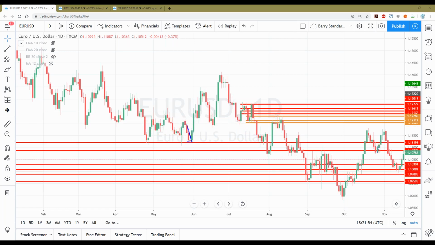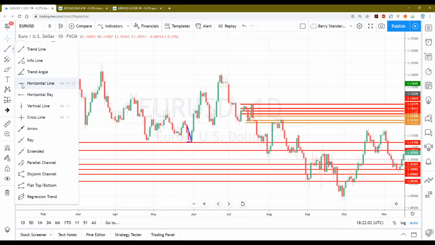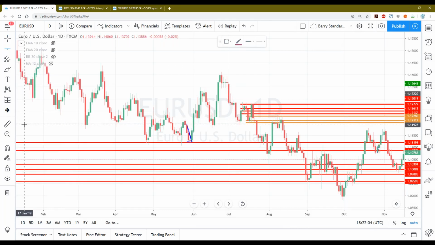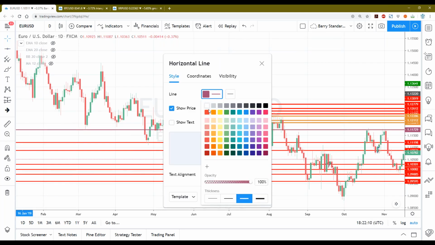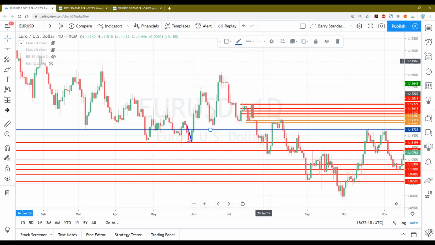So we can go on our chart and put on here a horizontal line right there. Let's make these so we can see them easier and differentiate them. We're going to make them blue, the ones we put on here right now. And let's put a second line on here.